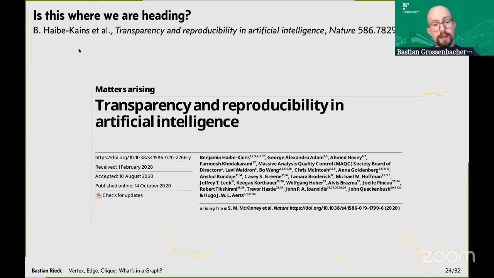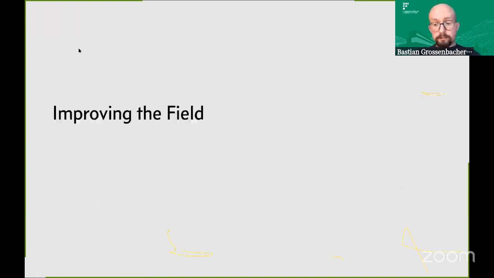I'm raising this because I don't want us to end up in a place where we don't want to be, namely where transparency and reproducibility in AI, or in graph machine learning for that matter, are substantially lacking. So this is really something that we should take to heart, that we should really try to work towards, so that we don't end up in a position where our results are not trustworthy.